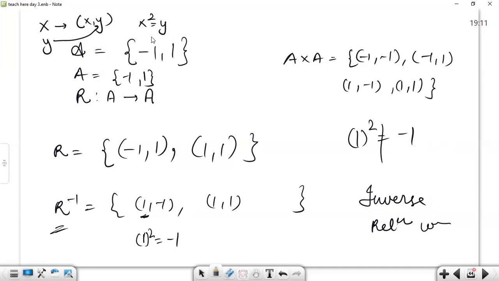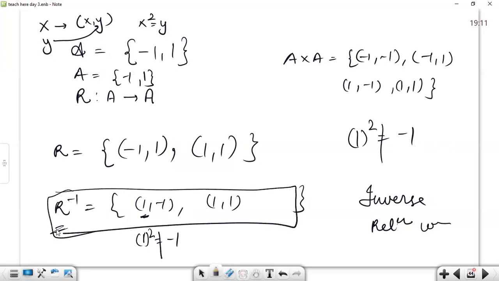The second element is minus 1. Is it true? No, it is not. That's why this particular relation will not exist, because this is not satisfying our relation. Okay? Yes, sir.